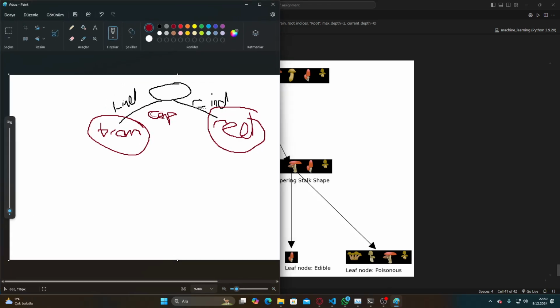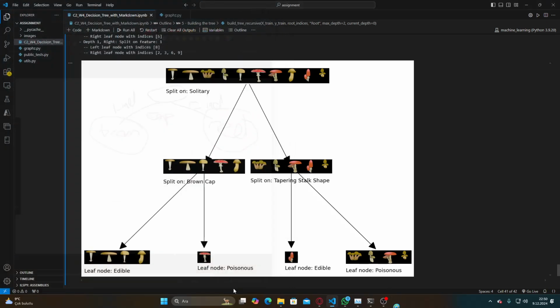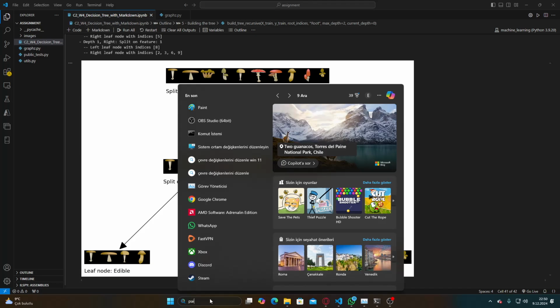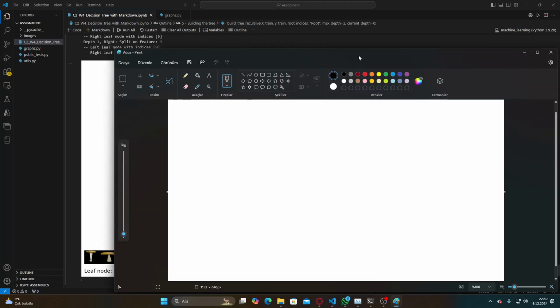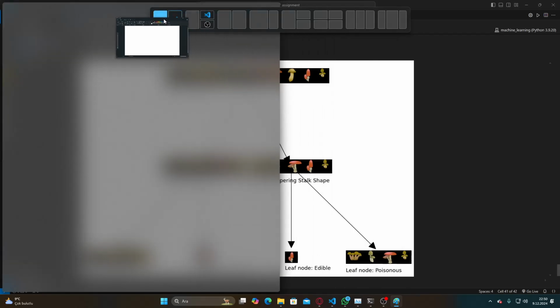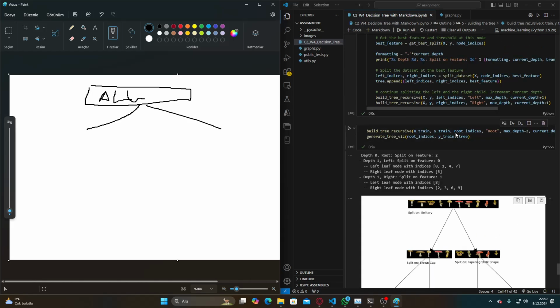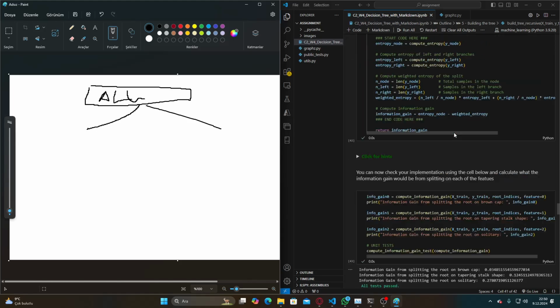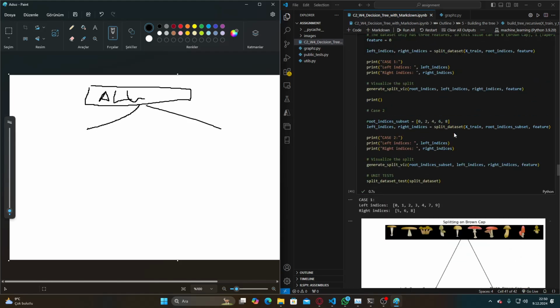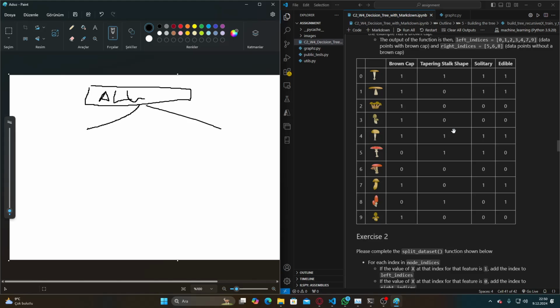I want to close it and open the paint again. In here we have all the datasets, and we're dividing it into two.